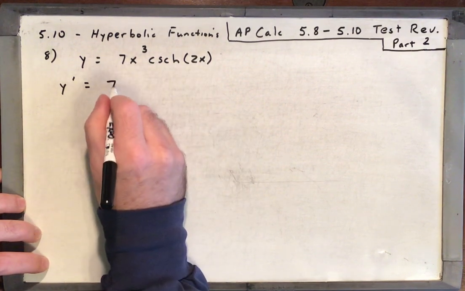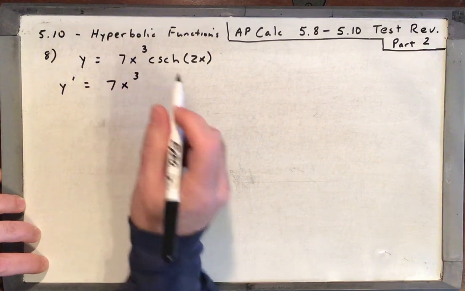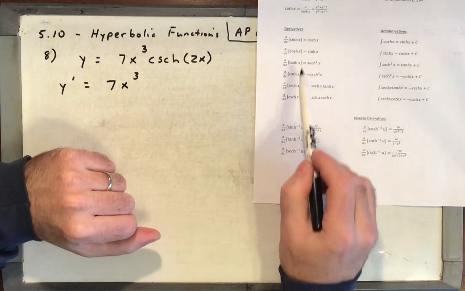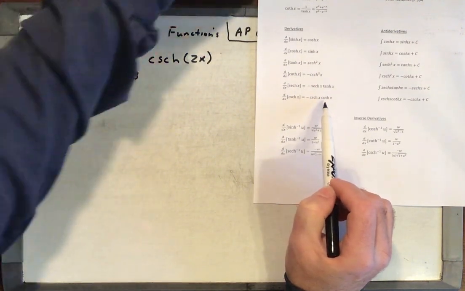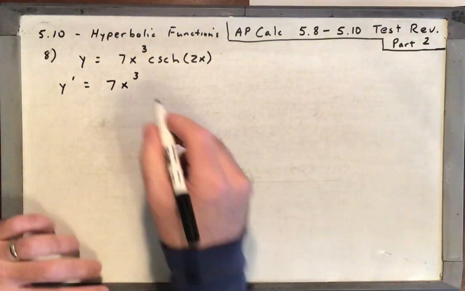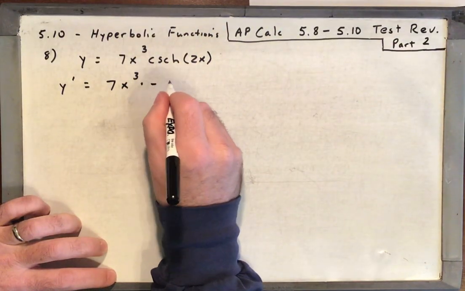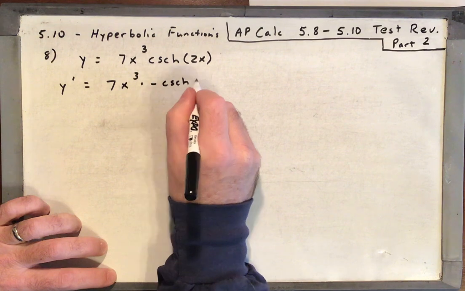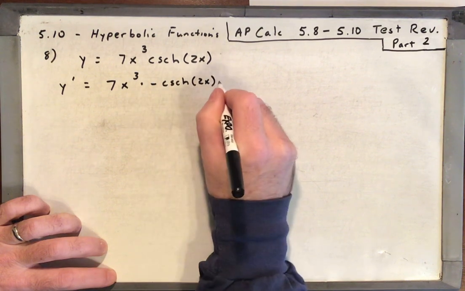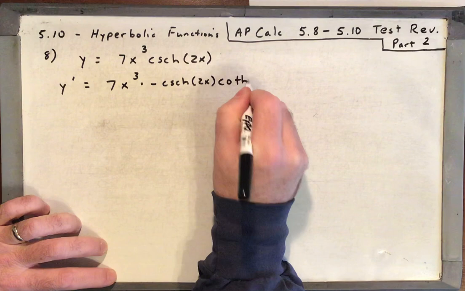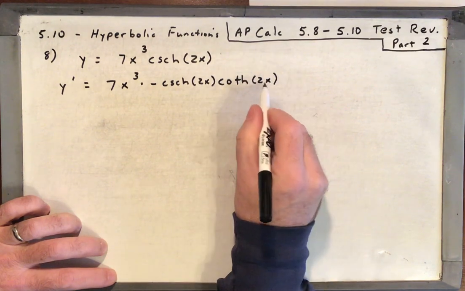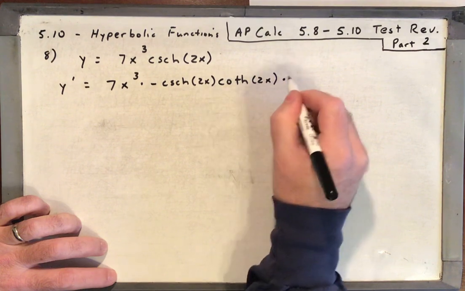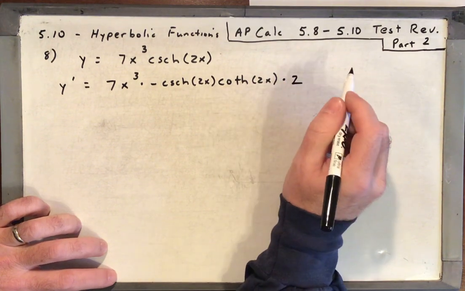Okay. 7x cubed, that's the first. The derivative of hyperbolic cosecant is minus hyperbolic cosecant hyperbolic cotangent. So times minus hyperbolic cosecant 2x hyperbolic cotangent, or coth 2x, makes me think of goth, times derivative of the blob, a deuce.